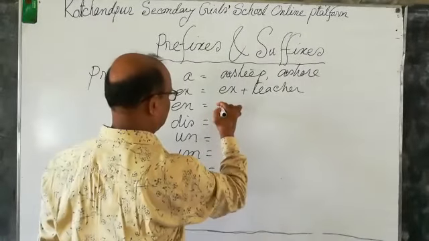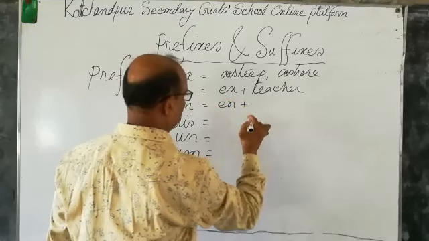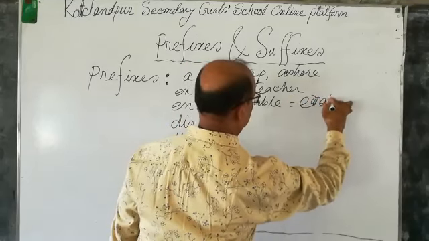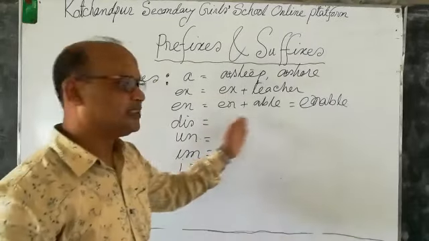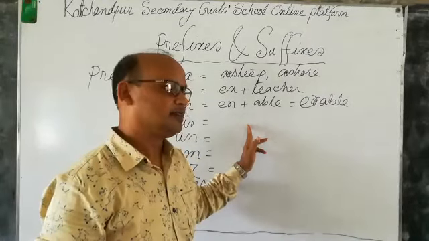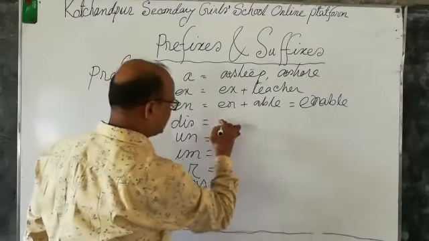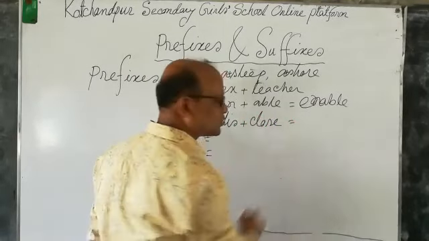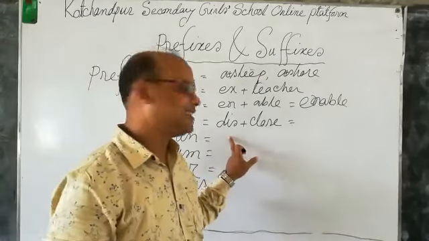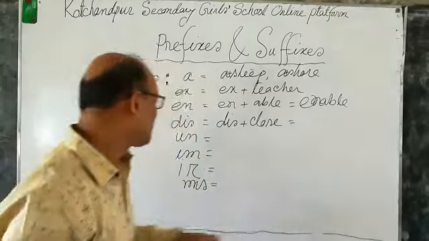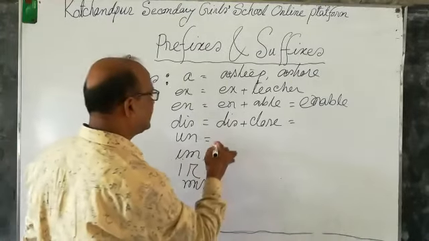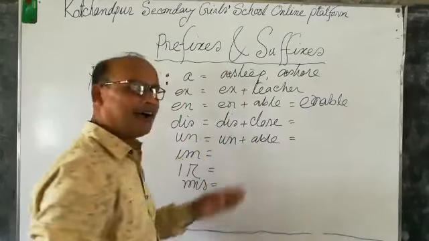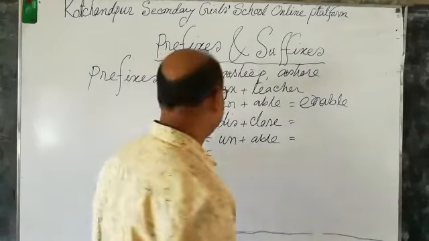En plus able, enable. In this way, enjoy, etc. Dis plus close, disclose, discover, dismiss, etc. Unable, I'm making the easier words for you and to be short.